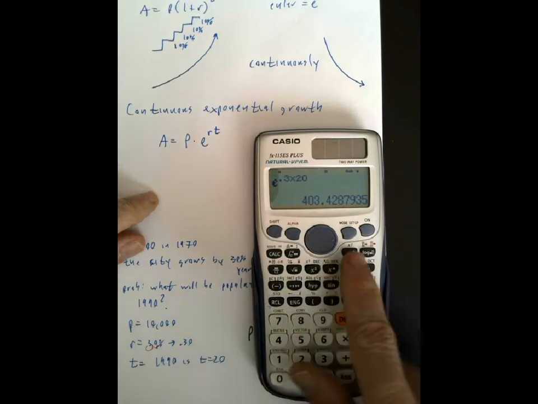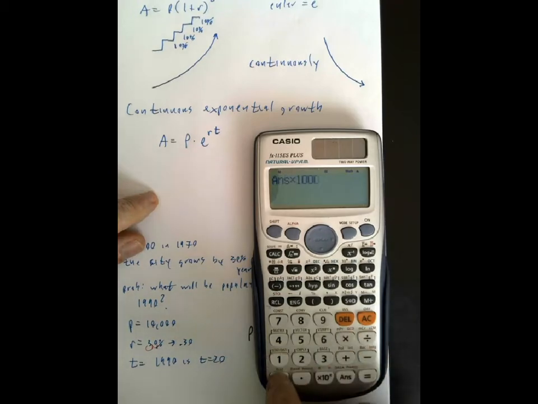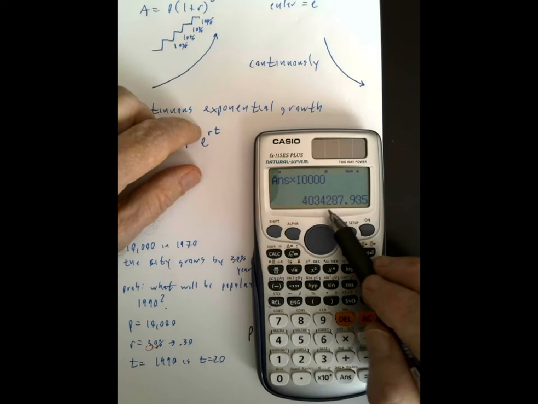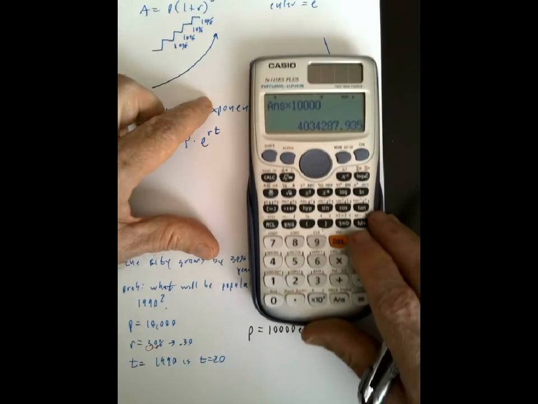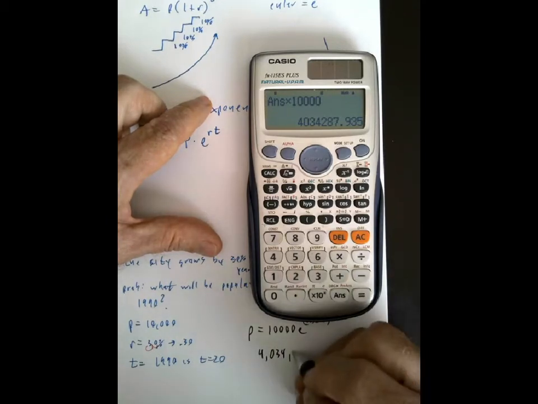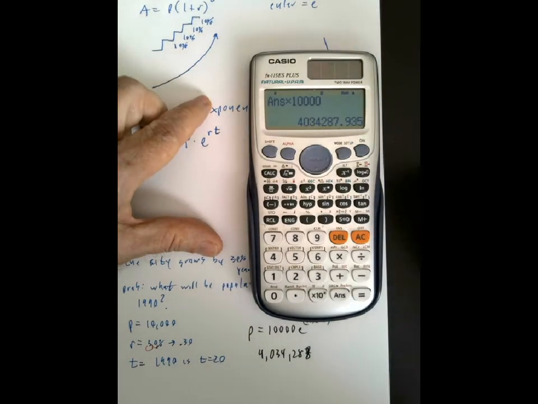Now I multiply it by the 10,000. Boom. So that looks like quite a lot, doesn't it? Right? So in 20 years, we're looking at 4,034,287 or 288 rounded up because they're whole people, right?